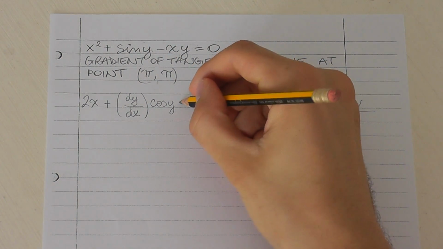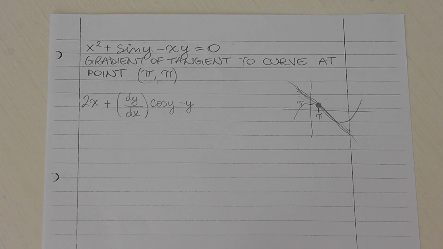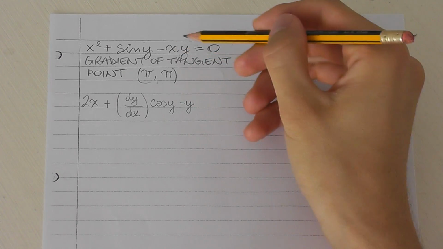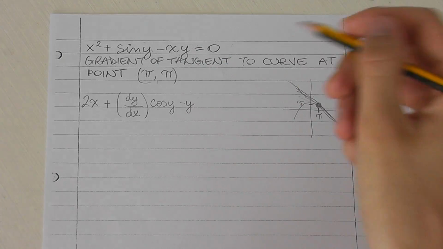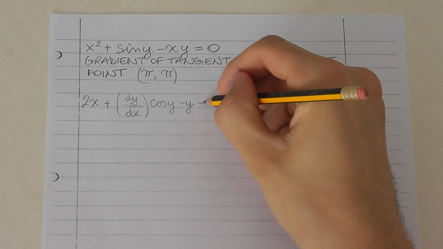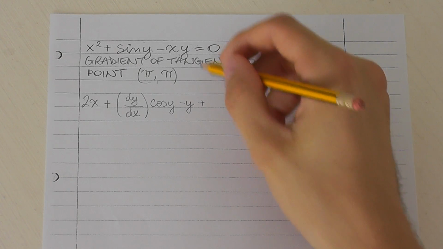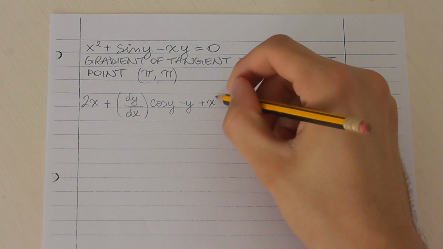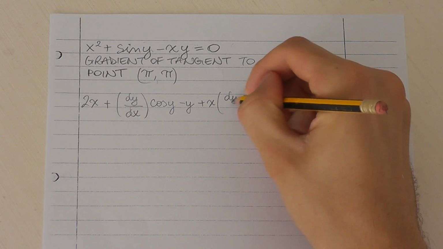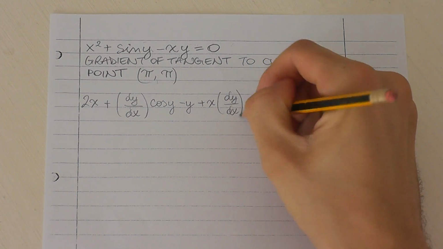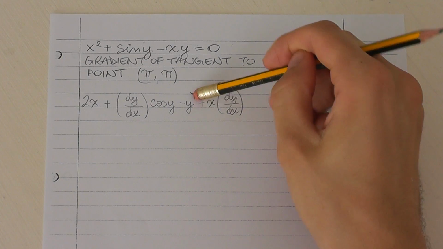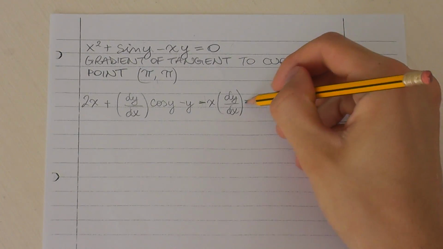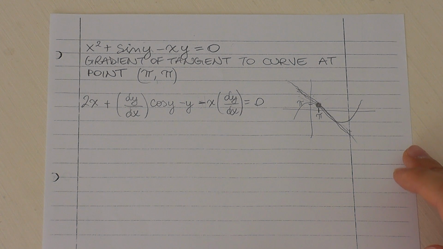And then we have minus y, which is our derivative of the first times second, plus first times derivative of the second, and derivative of y is dy dx. Let's not forget the minus. I'll just stick it in here, it's easier. And the derivative of 0 is 0.